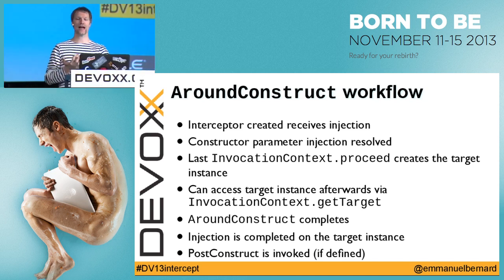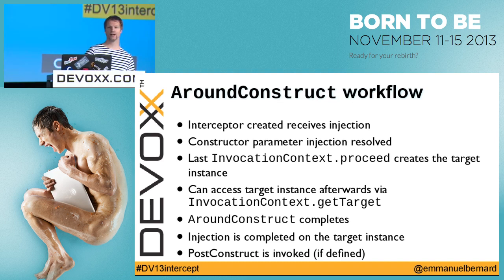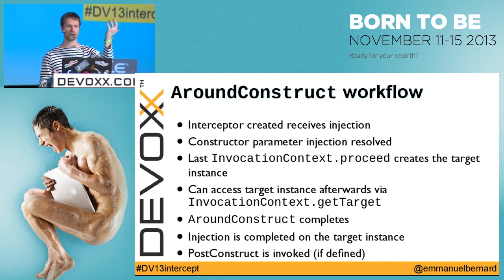So you cannot access the target instance before you call proceed in your interceptor, but you can after by calling the invocationContext.getTarget. Finally, we step back from the interceptor stack and we're done, and the instance is ready and instantiated.